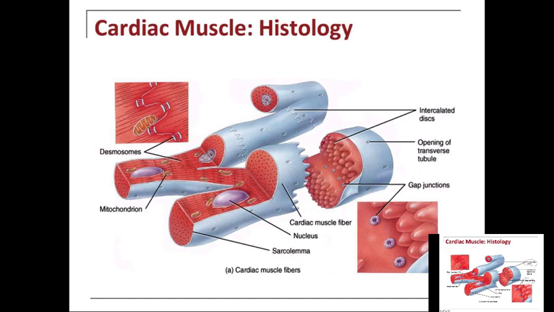Just think of these intercalated discs as like two combs. If you take two combs and you interlink them and put them together, the teeth of the combs connect, right? Here's one end of the teeth of a comb and then the teeth of a comb this way. When you pull them apart, you can see the gap junctions there.